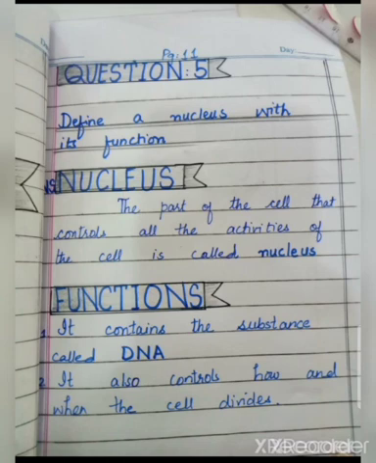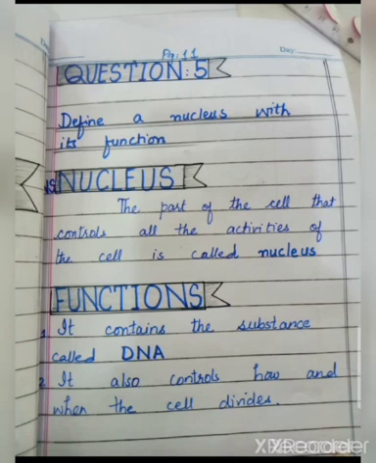The part of the cell that controls all the activity of the cell is called the nucleus. And then you have to give the heading of function and write down 2 points, that it contains the substance called DNA. DNA must be in capital letters with a blue marker. And point number 2, it also controls how and when the cell divides, right?